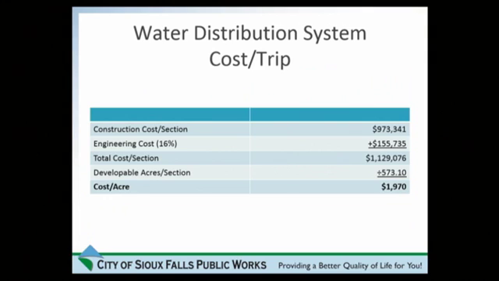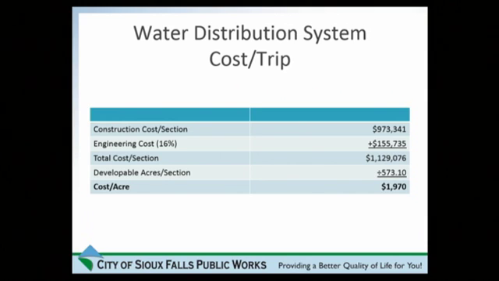Okay, the water distribution system, it's the same philosophy. Each section is paying for 2 miles of 16-inch line. And so again, you see the construction cost per section, the engineering on top of that, the total cost per section divided by the developable acres per section, and that gives us a cost per acre of $1,970.